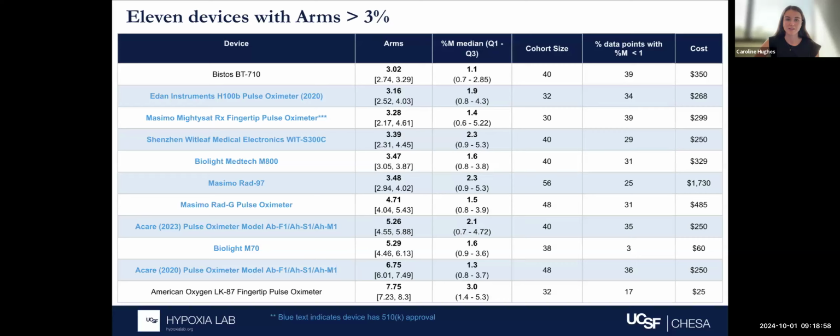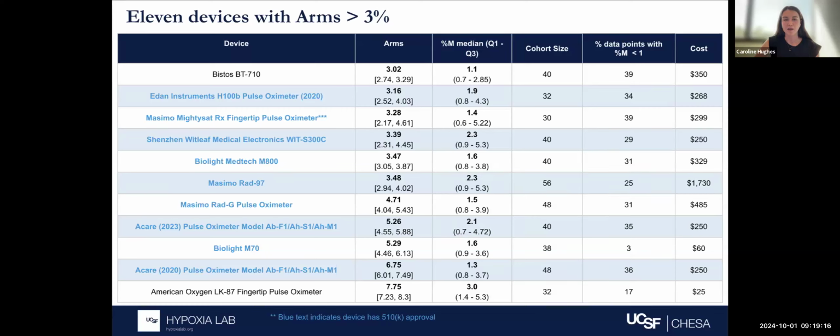You'll see that our best and worst performing devices in this cohort, the Bestos BT710, as well as the American Oxygen LK87 devices, did not have 510(k) approval. One other thing to note is that the Masimo MightySat, you'll see it has stars next to its name.